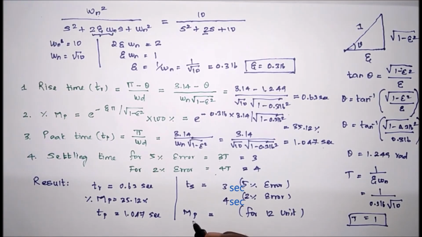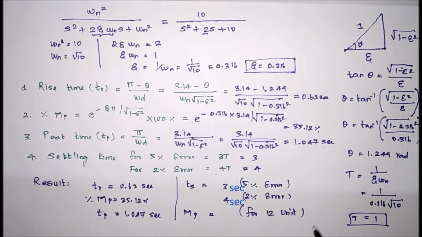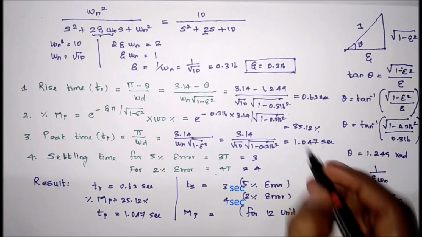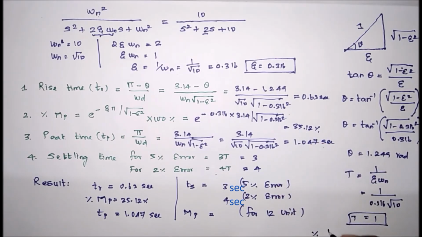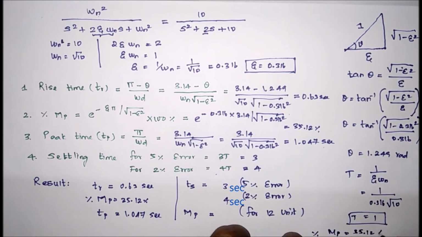The step input will affect only the peak overshoot. Therefore for 12 units we have to multiply the peak overshoot. Already the percentage peak overshoot is 35.12 percent.